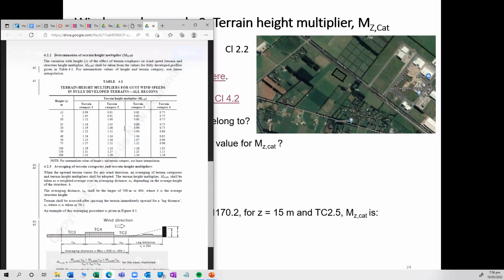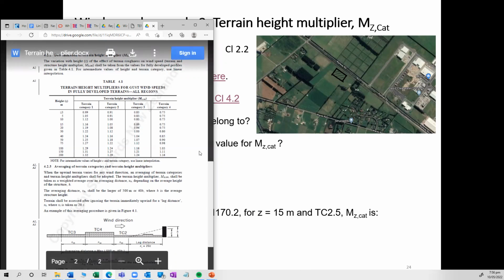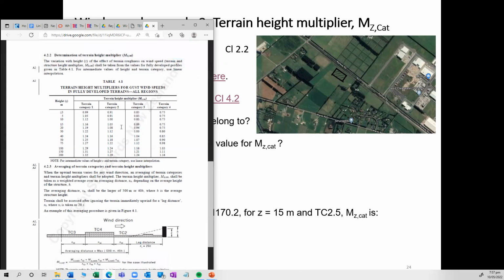So 1.05 plus 0.89, halved, gives 0.97. I should have actually shown you the calculation, but it's 0.97, the average, halfway between 2 and 3.